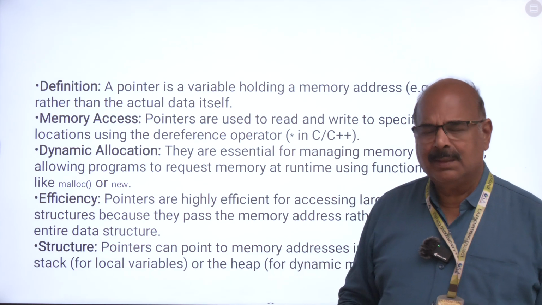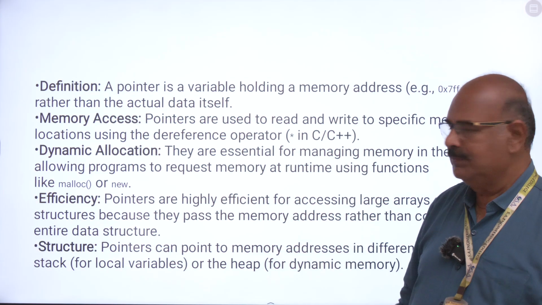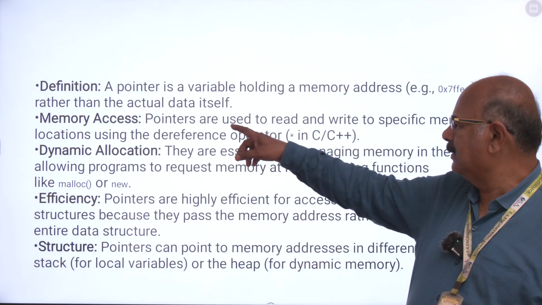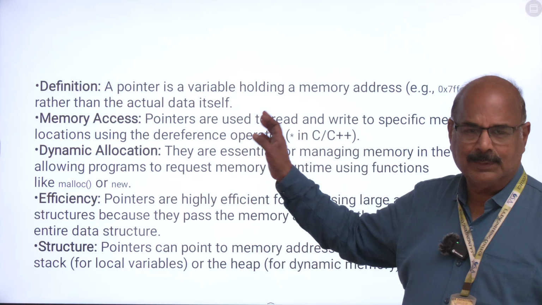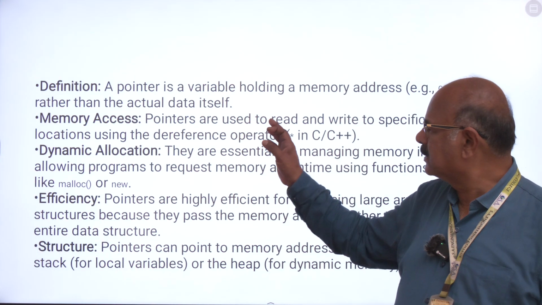The main important definition: a pointer is a variable holding a memory address, for example the address source, rather than the actual data itself. Keep in mind that it is not the actual data itself.